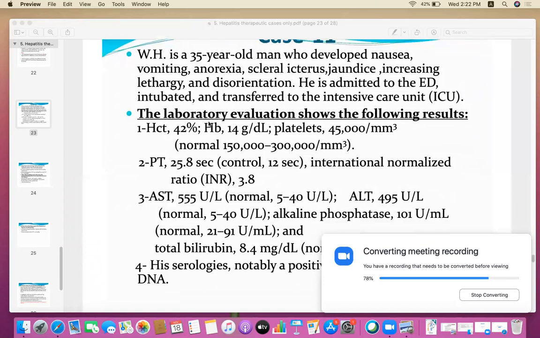The lab evaluation shows the following results: hematocrit 42%, Hb 14, platelet 45,000, prothrombin time 25.8 seconds, control is 12 seconds, and INR is 3.8. AST 555, ALT 495, alkaline phosphatase 101.